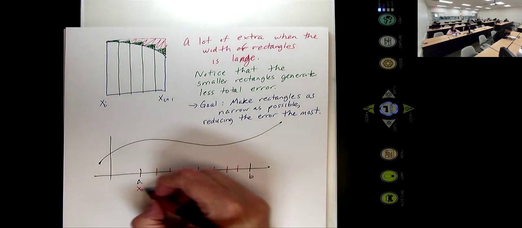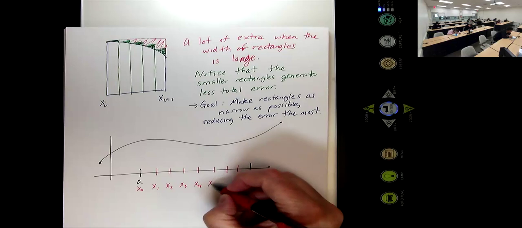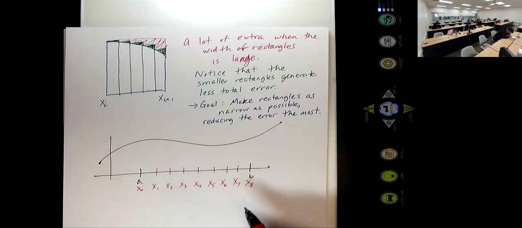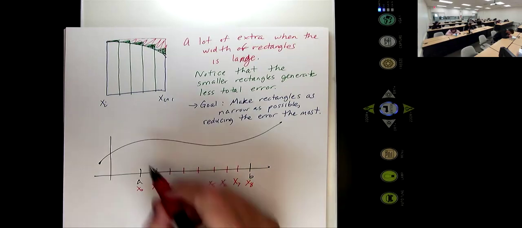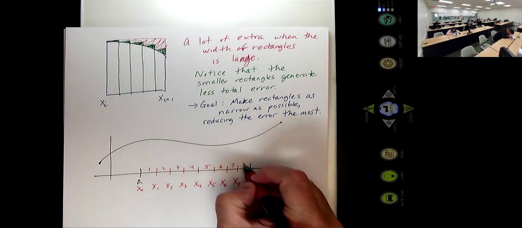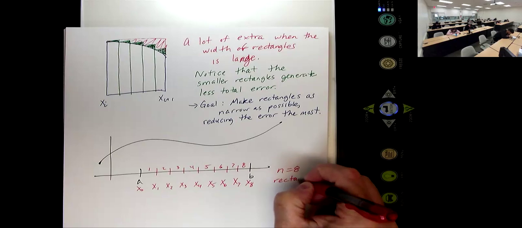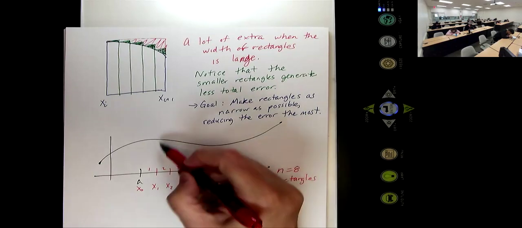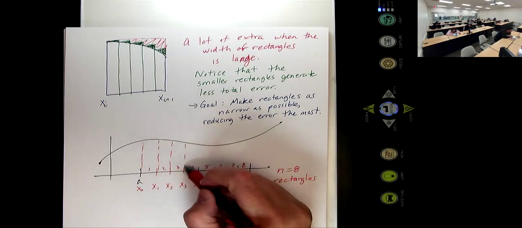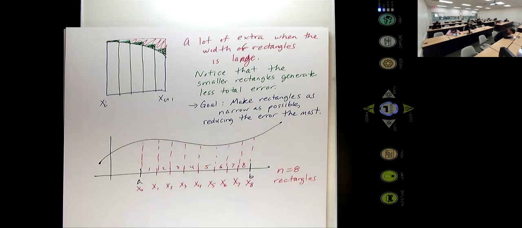So this is x0, x1, x2, x3, x4, x5, x6, x7, and x8, making 1, 2, 3, 4, 5, 6, 7, 8, n equals 8 rectangles. I'm going to do n equals 8 just for the example here, because you can see it.